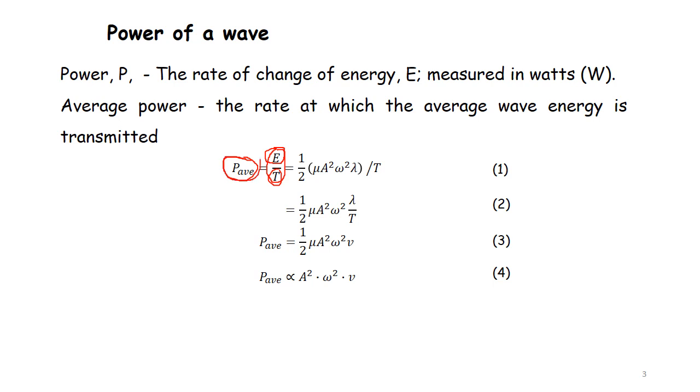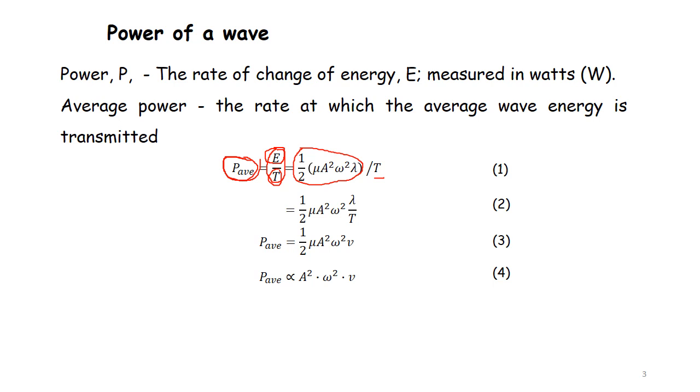And from the expression E earlier, you know that it's giving us mu A squared omega squared lambda over 2, and you have our T, which can be further expressed or simplified as given in equation 2, and you have 1 over 2 mu A squared omega squared lambda over T. Again, mu is the linear density, which is measured in kilogram per meter.